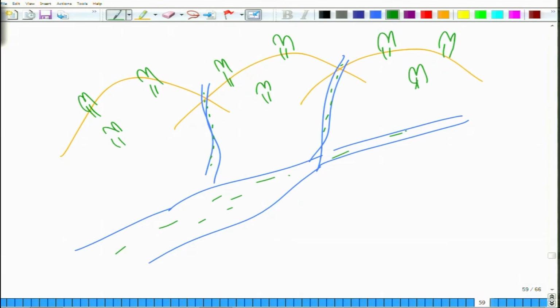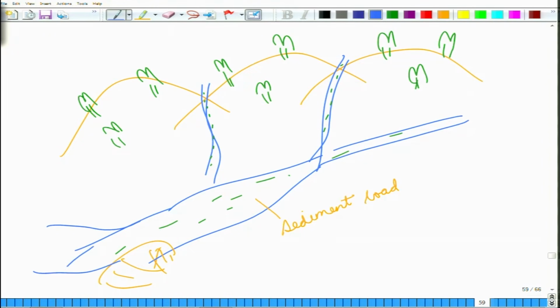Now, what happens if all of these trees are cut down and all of this soil comes out? What will happen is, we will have a huge amount of sediment load in this river. This sediment will go and it will deposit itself somewhere, which might create some amounts of problems. So, for instance, if this sediment load gets deposited here, we might have a situation in which this river changes its course.